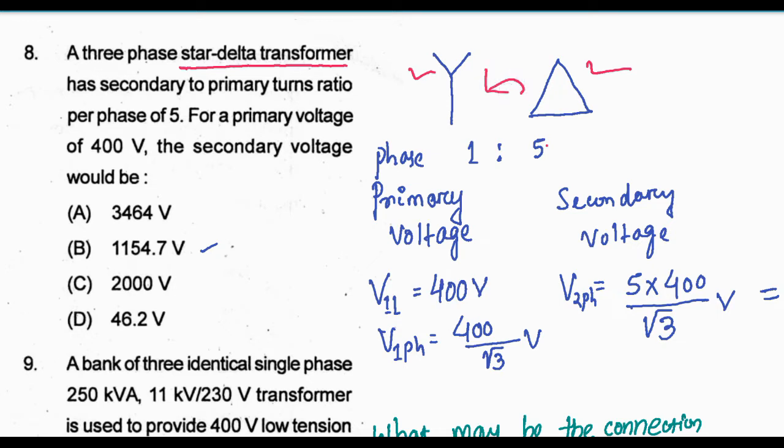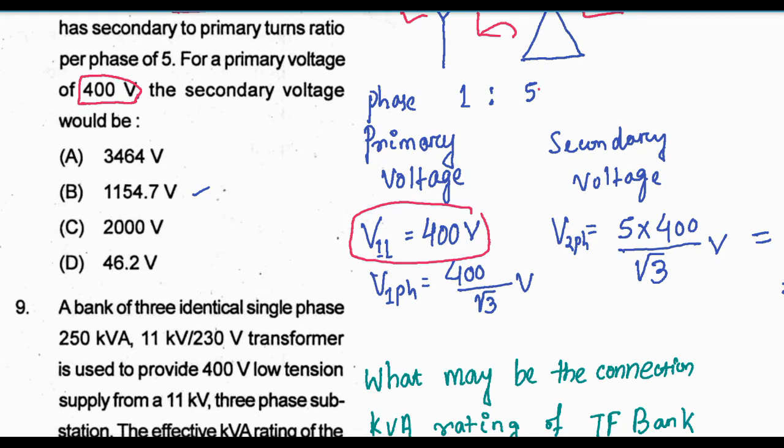For a primary voltage of 400 volt, the secondary voltage would be? Given that the primary voltage is 400 volt, this is a line voltage. So V1L, the primary line voltage, is 400 volt. What will be the phase voltage? The phase voltage will be 400 by √3 volt.